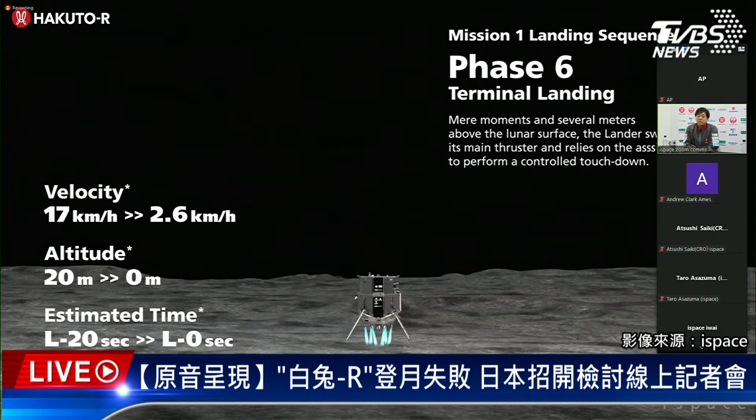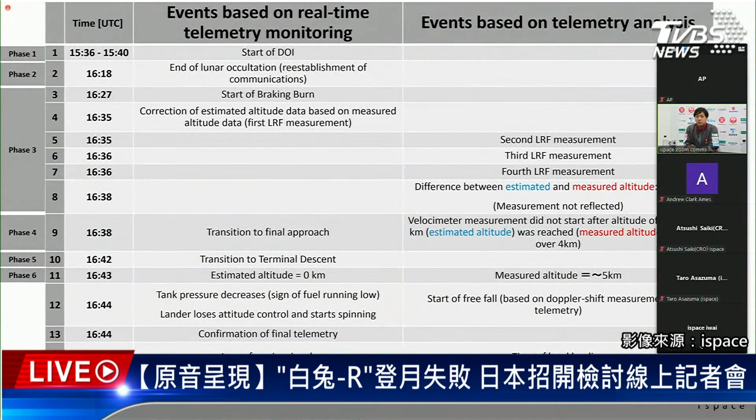With this table, I'm going to explain what actually happened in the landing sequence. As Takeshi explained, unfortunately, we could not complete our soft landing, and the lander finally made a hard landing. With this table, I'm going to explain our understanding. The table has 2 columns.